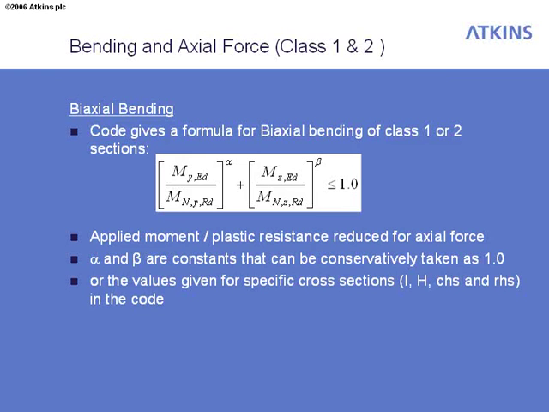The code does give some values for typical cross sections with I-beams and H-beams and channels and RHSs. But again, they're probably not very useful if you're doing a bridge design because we don't use them very often. We tend to have more complex structures or more complex geometries.